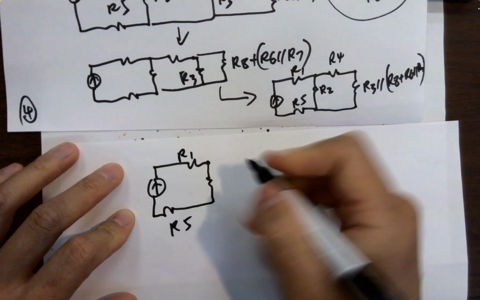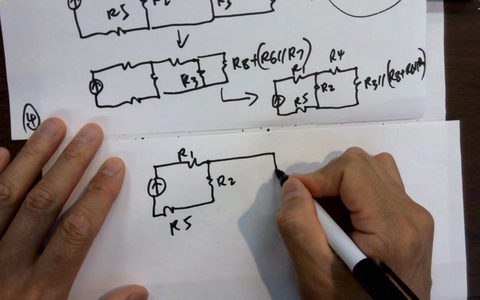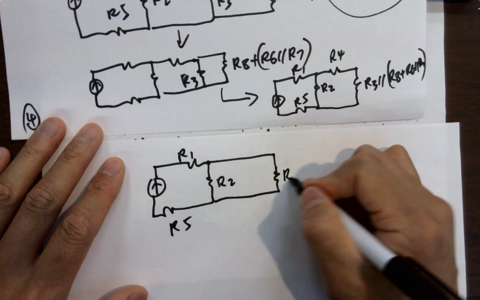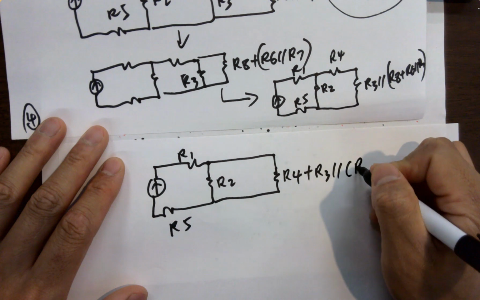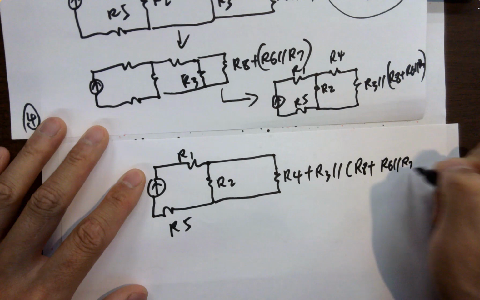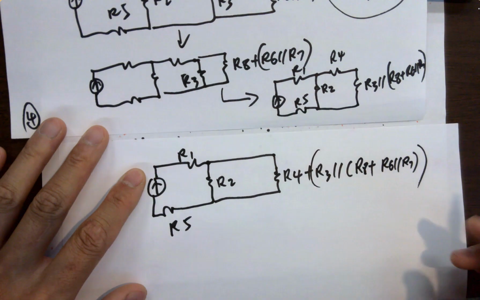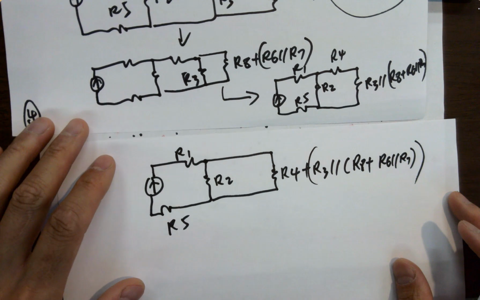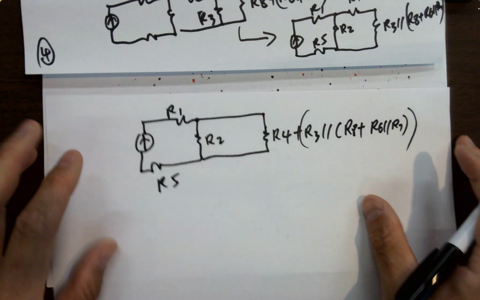R5, R1, R2, and this is R4 plus R3 in parallel with R8 plus R6 in parallel with R7. Like that. All right, next.